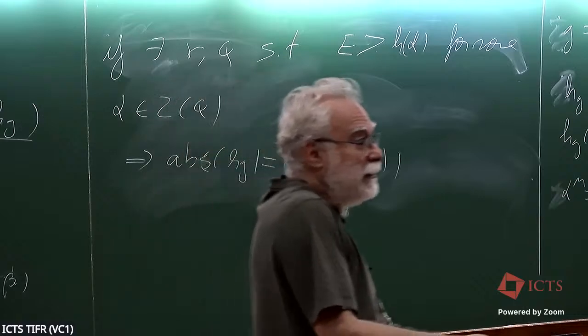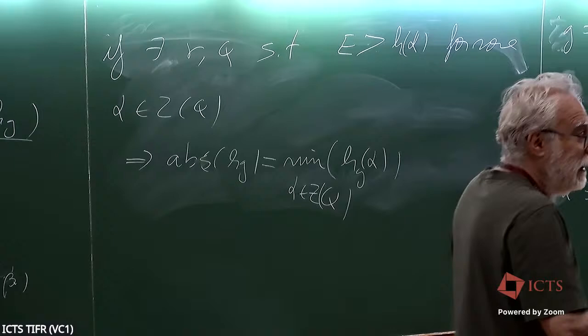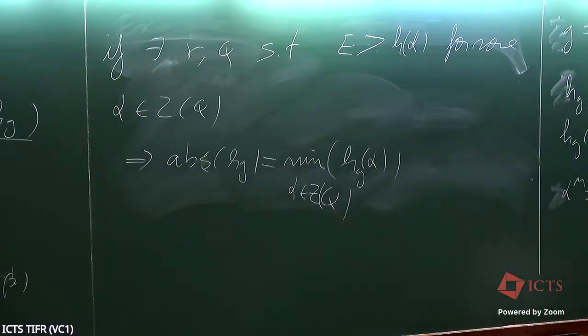And since it's a finite set, finding the infimum is just you look at all of them, look at the value, and you get the infimum. Okay? So this gives me a lower bound and also an easy way to understand what can be the absolute minimum. Of course, the difficulty is to find this polynomial. I mean, maybe this polynomial is very easy to find, but we don't know which one it is.